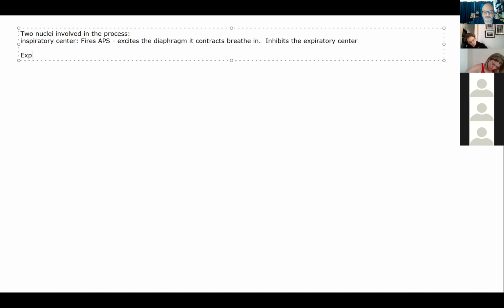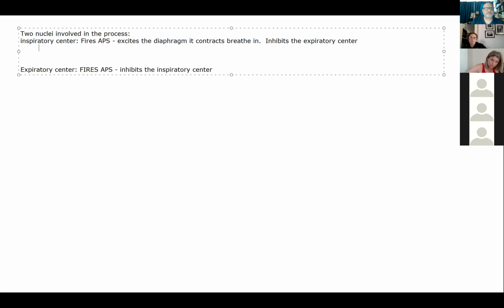Our expiratory center basically has one effect. When it fires action potentials, it inhibits the inspiratory center. Right? And of course, when the inspiratory center is not firing action potentials, the diaphragm relaxes and we breathe out.